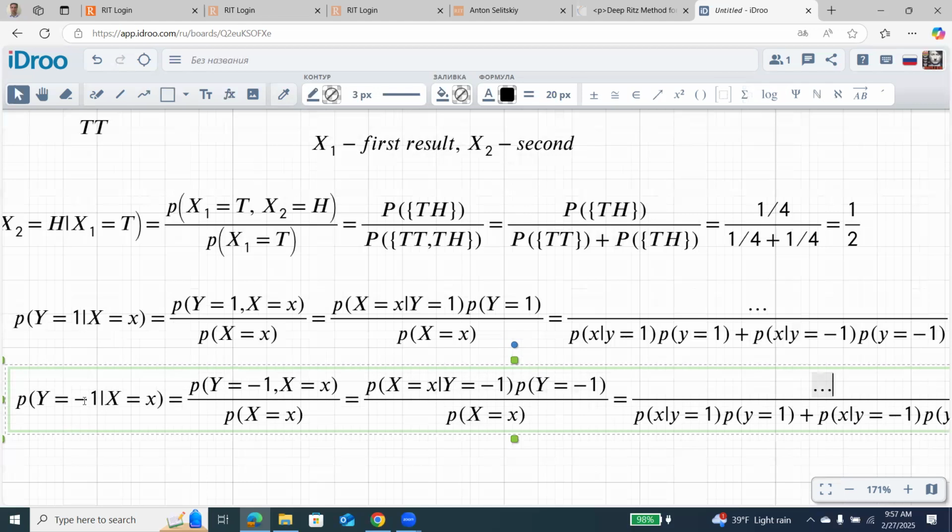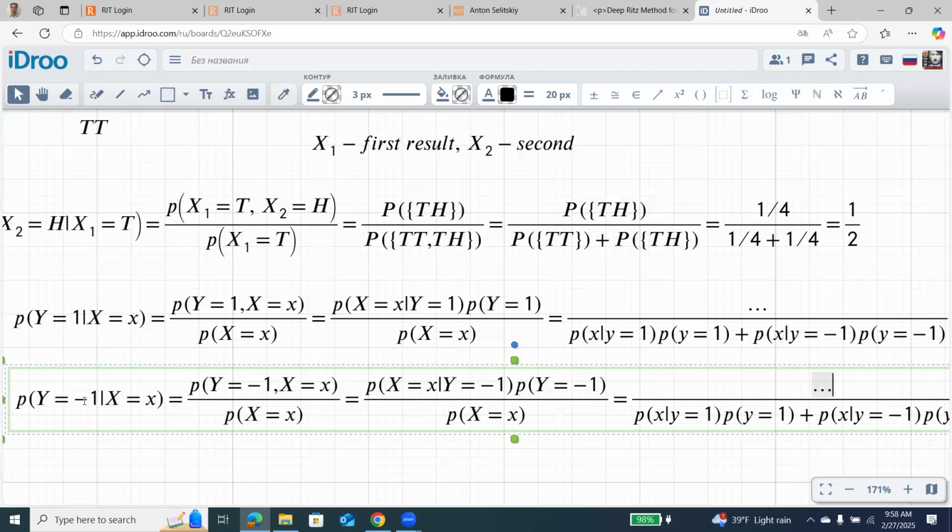So in practice, we will calculate only argmax of the numerator, and this is called poor man's Bayes. This is actually called the Bayes formula in probability. But if we look only at the numerators, then it's called poor man's Bayes, because we don't calculate the probability, but we will find only the mode of our distribution.